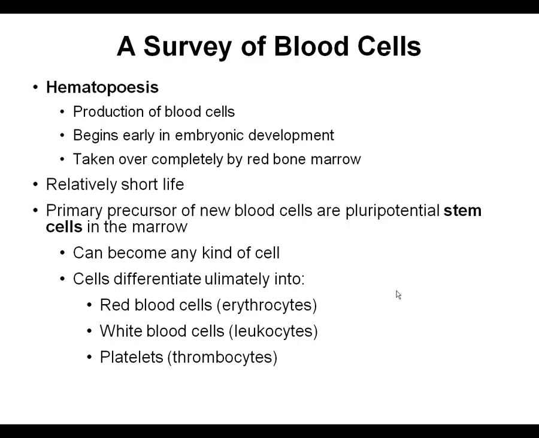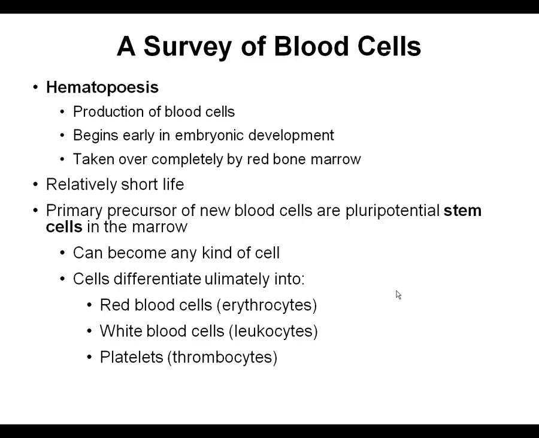This is going to be taken over completely by the red bone marrow when you have ossification of that embryonic bone tissue. If you remember your ossification lecture in A&P when you were in the bone section, when bone becomes ossified, it has the yellow marrow and it has the red marrow, and the red marrow is where hematopoiesis is going to take place.